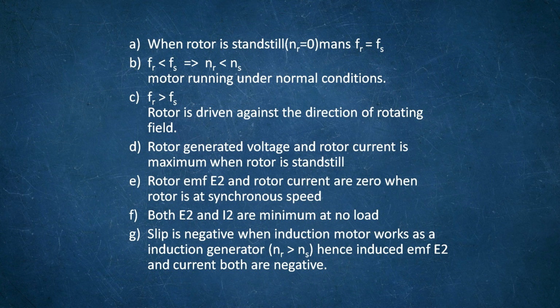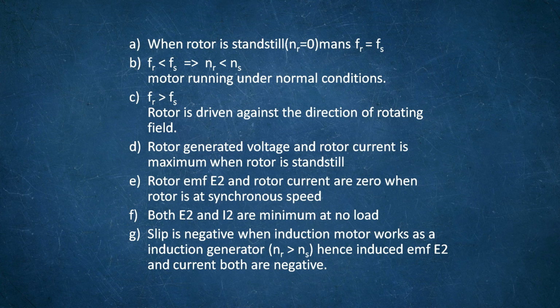Rotor EMF and rotor current are zero when the rotor is at synchronous speed. Both E2 and I2 are minimum at no load. So slip is negative when the induction motor works as an induction generator. When will it be? When the rotor is moving faster than the synchronous speed.